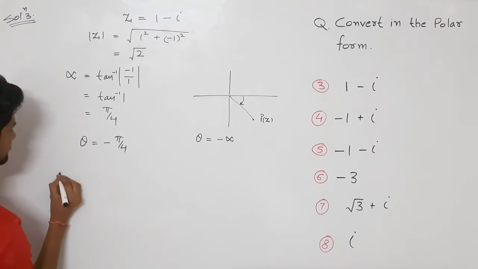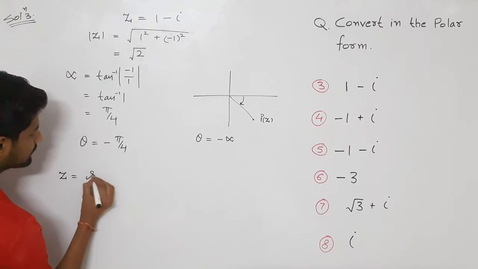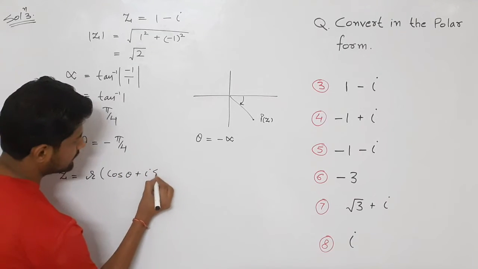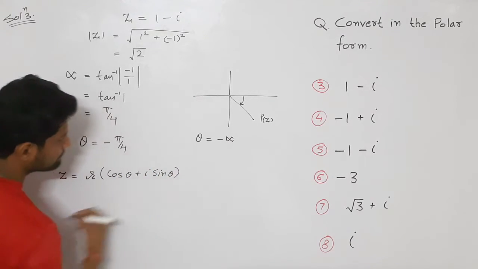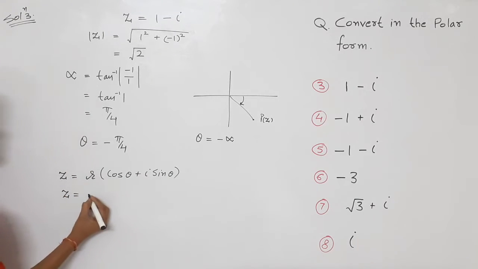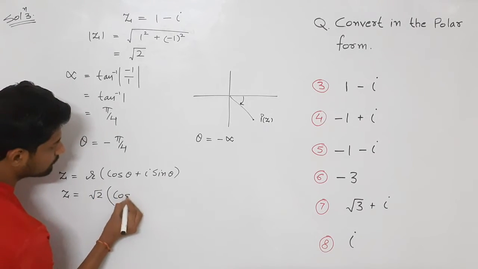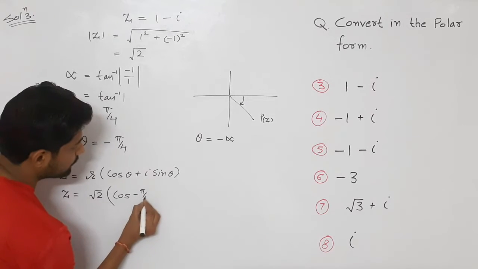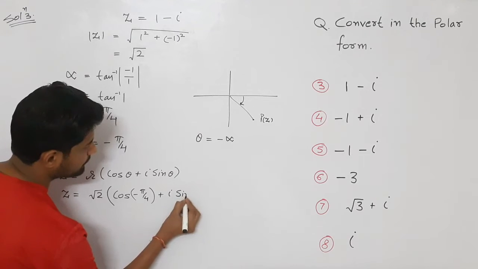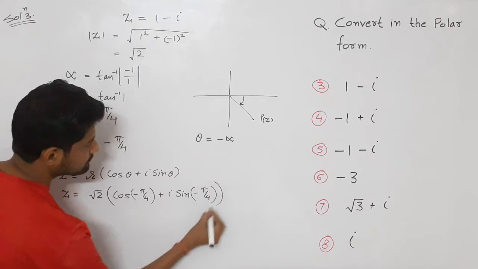Now I can write this complex number in polar form, which is r cos theta plus iota sin theta, and r is under root 2, cos minus pi by 4 plus iota sin minus pi by 4.